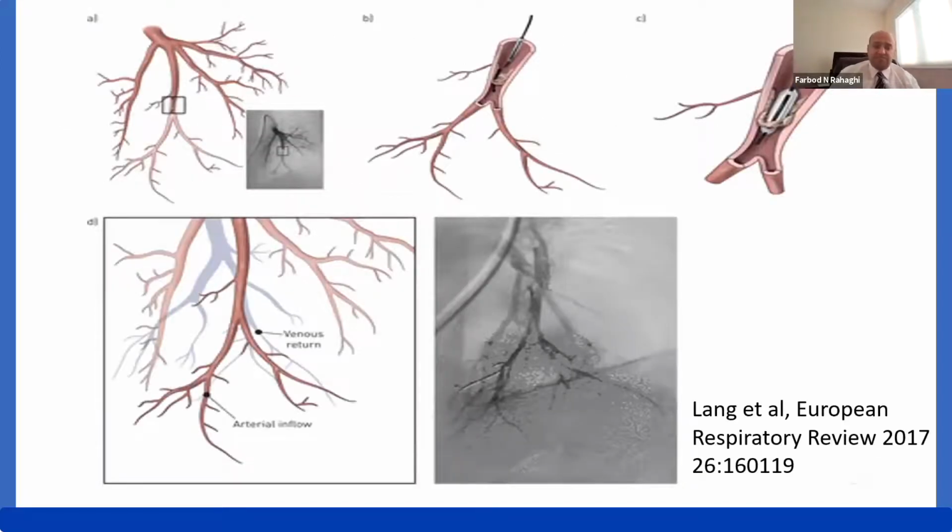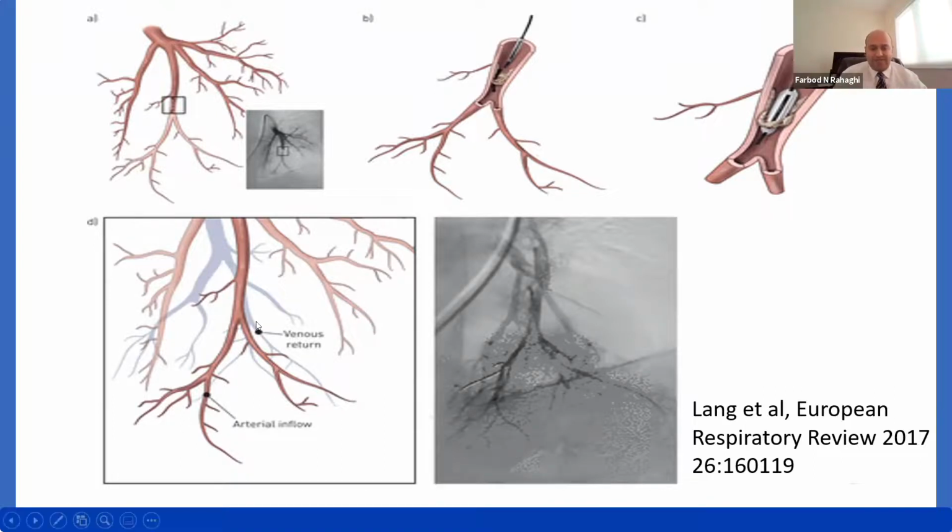To go through a sequence of it, for example, you identify through the pulmonary angiography that there is a narrowing, a blockage here. You thread the catheter through the blockage, you expand the balloon, pressing the material against the wall and opening a bigger lumen.